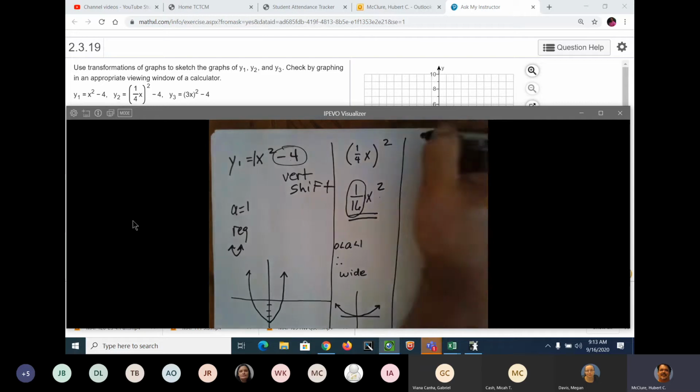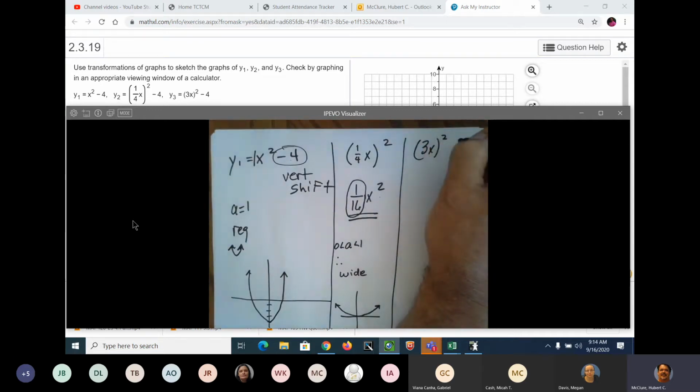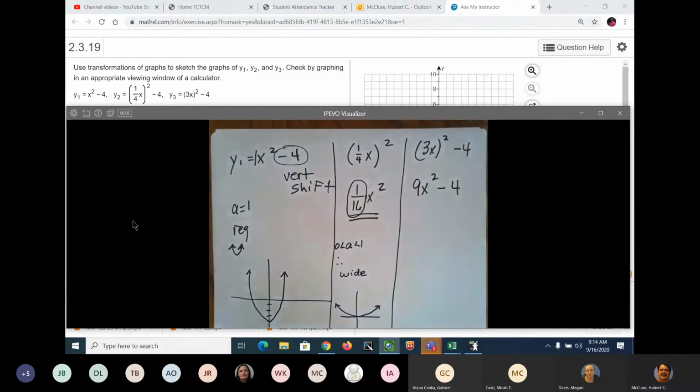The next one, 3x quantity squared minus 4. The correct mathematical answer is 9x squared minus 4. Here, the x does not have anything attached to it, so this is a vertical shift. 4 down.